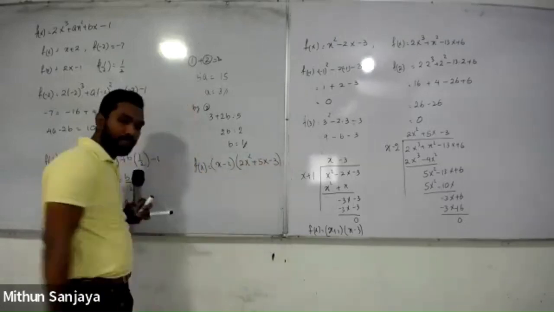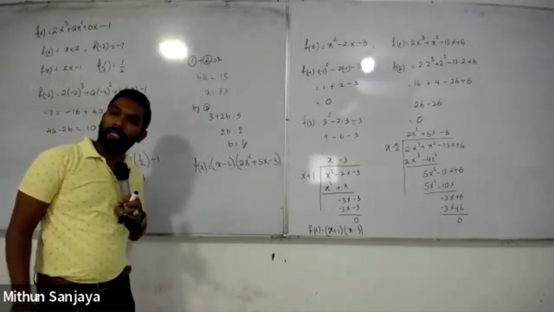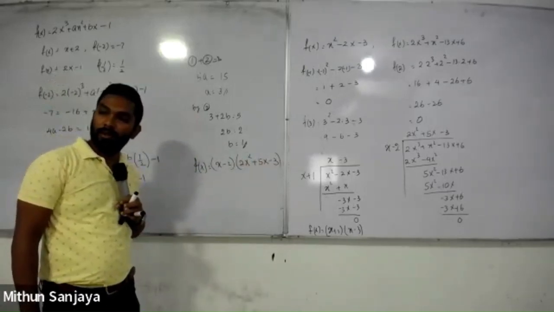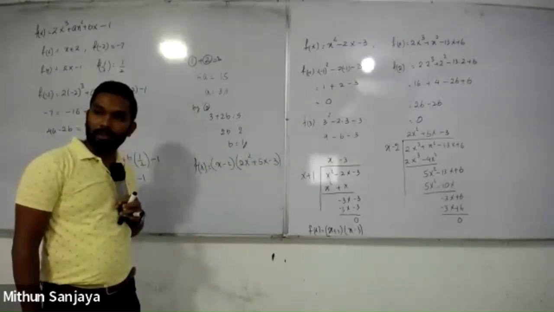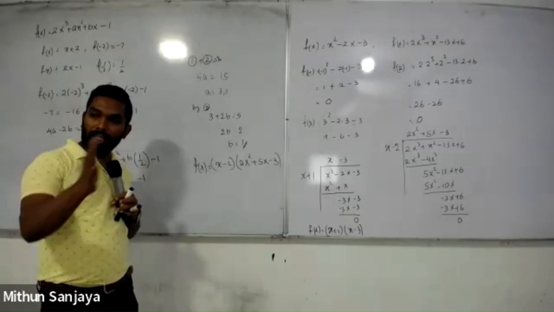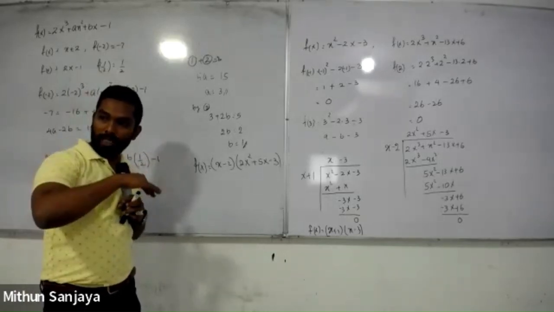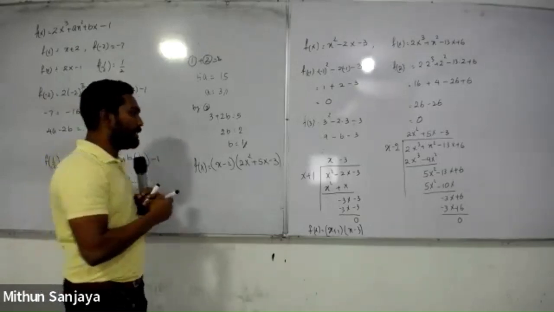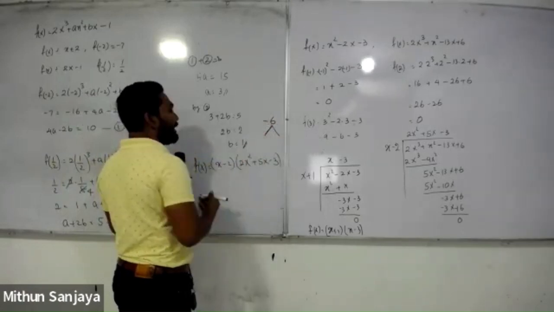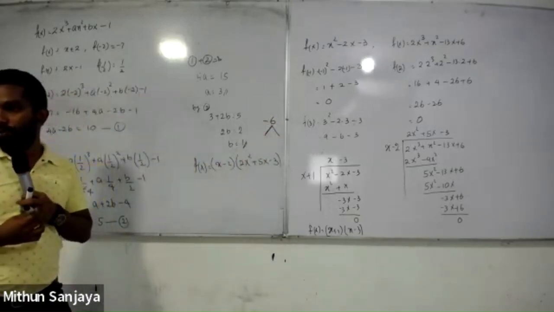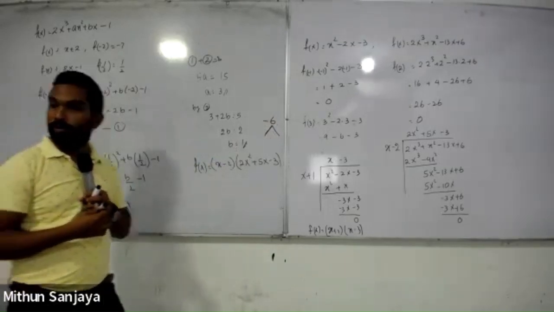How do we get the factors of the quadratic? Take the x squared term and the constant term: 2x squared and minus 3. Then we have minus 6. We get the factors of minus 6, and their addition needs to be the middle term.